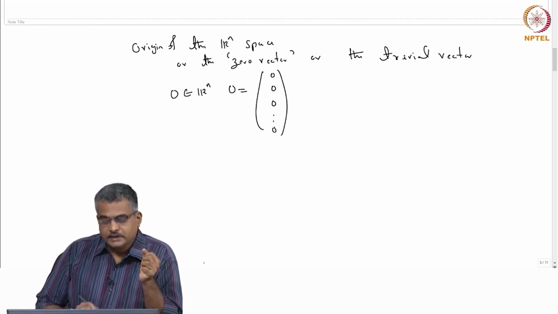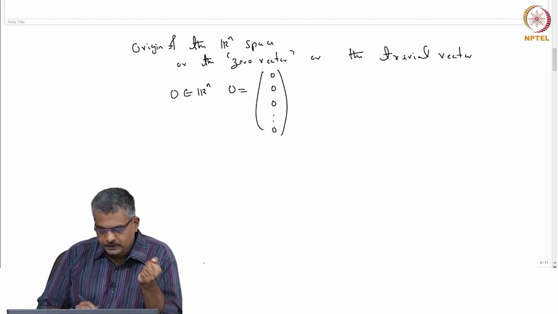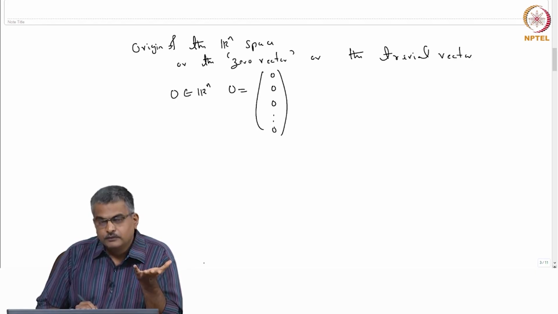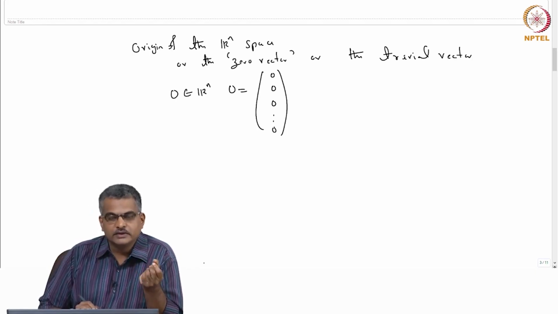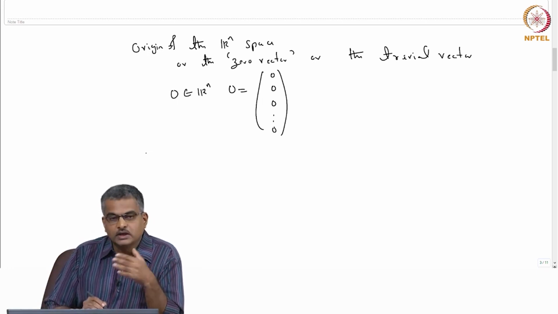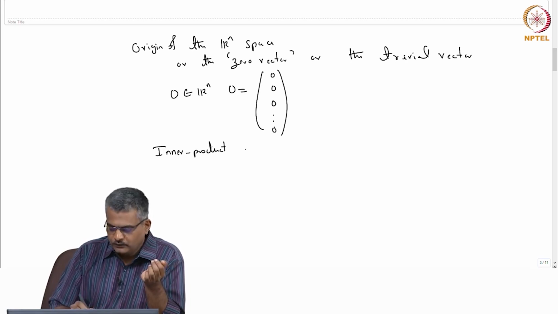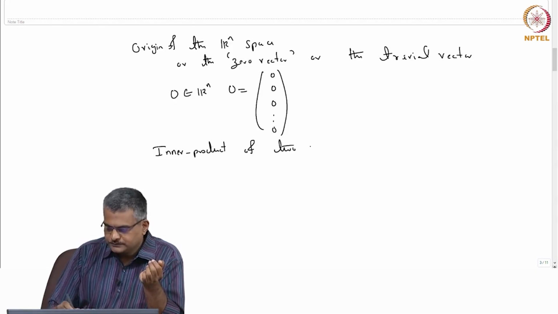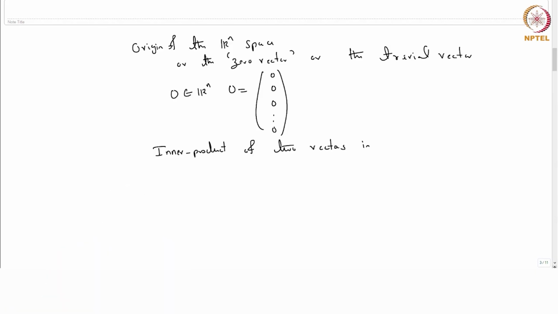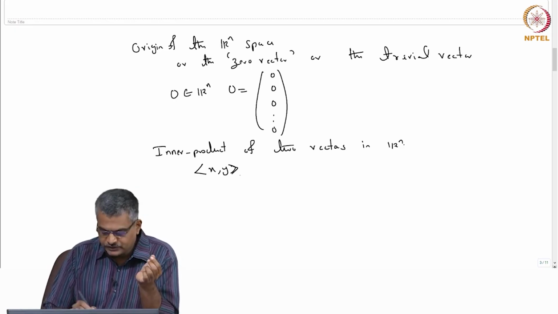Now, as I said, we can do some more operations using this vector, and we can think of what we are already familiar with, and that is the notion of the dot product. One can extend the notion of dot product to an n dimensional Euclidean space. We use a special name for that, we call it the inner product of two vectors. The notation is angular brackets.